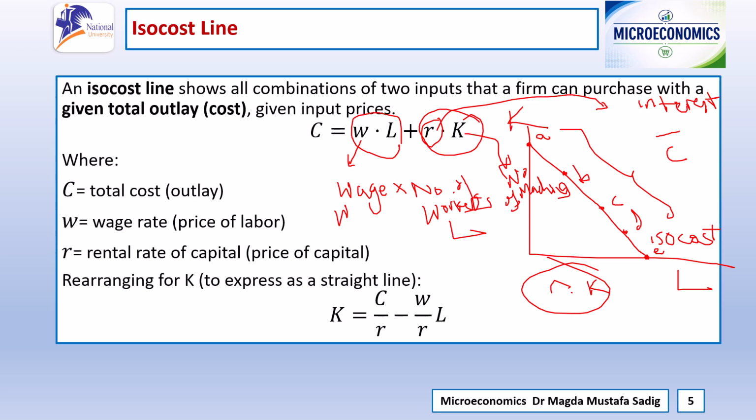By rearranging the equation, we put K as the subject. So we will have K equals C divided by R minus W divided by R times L. It's like this.